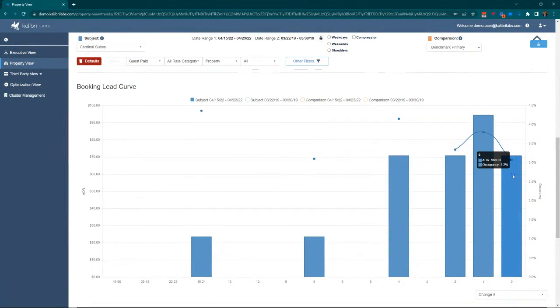In particular, we had 3.2% of our occupancy keyed in directly to the PMS at a $68 ADR. The day before that, those reservations were keyed in quite a bit higher at $84. Using the booking lead curve, we can really start to manicure our strategies and understand what price sensitivity really is reflected by those day of week comparisons.